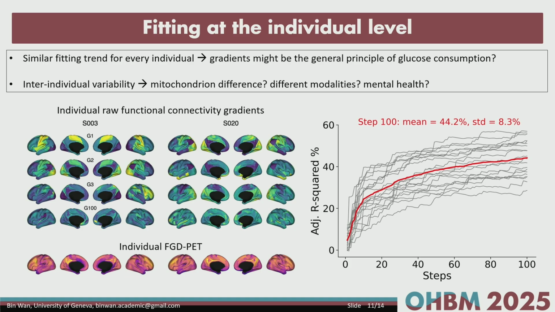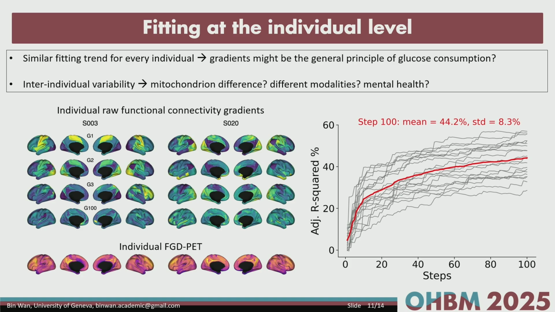But there is a huge individual variation for the fitting, but the general average variance explained mean is 44%.